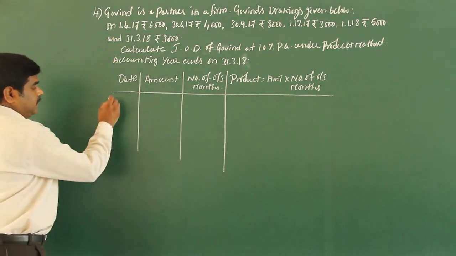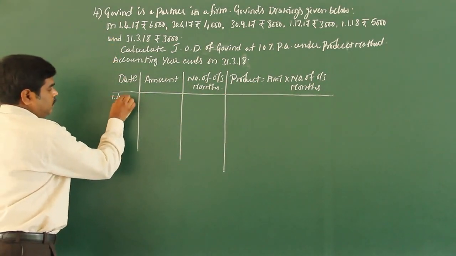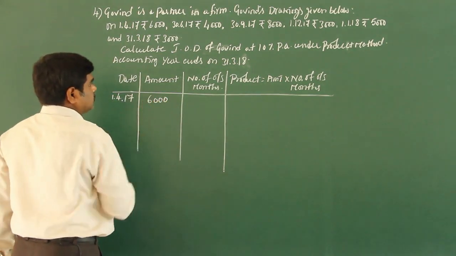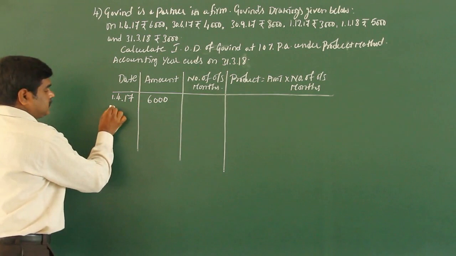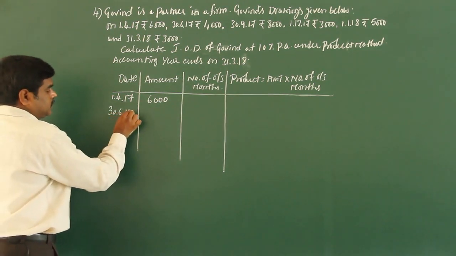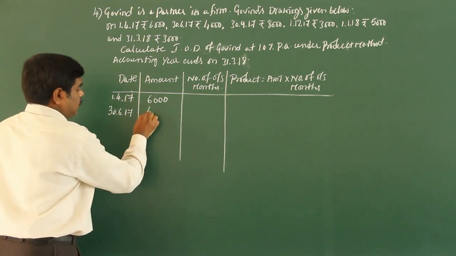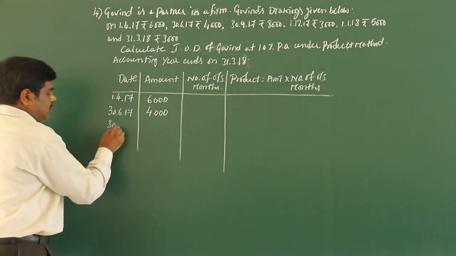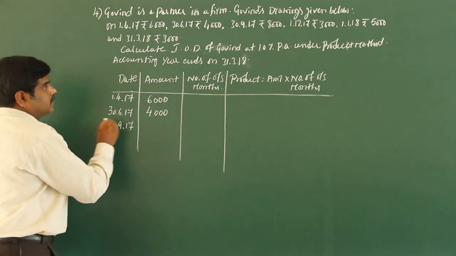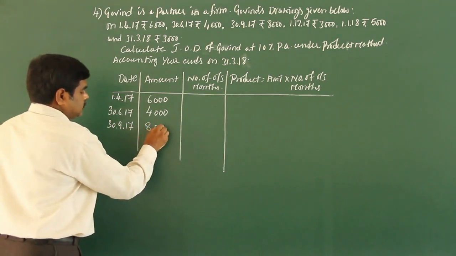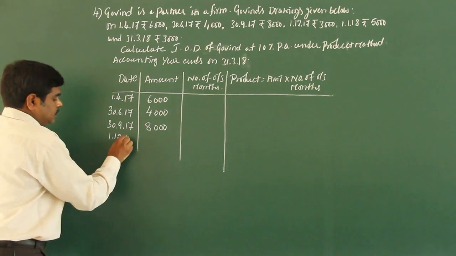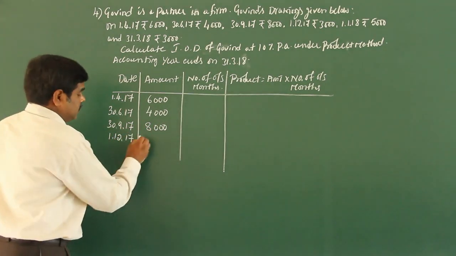First, the date of drawing: 1/4/2017 and the amount drawn is 6,000. Next, the date of drawing 30th/6/2017, amount is 4,000. 30th/9/2017, 8,000. 1/12/2017, 3,000.